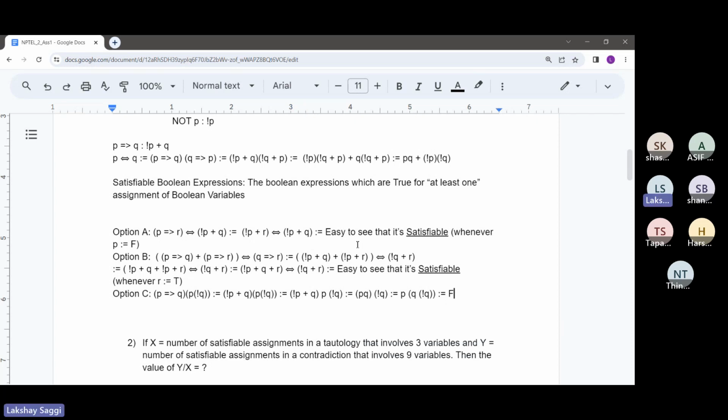So option C, this expression is actually always false, irrespective of the assignment of Boolean variables. So that's why this option C, this expression is actually not satisfiable, because for no assignment does this expression evaluate to true. It evaluates to false for all the assignments.